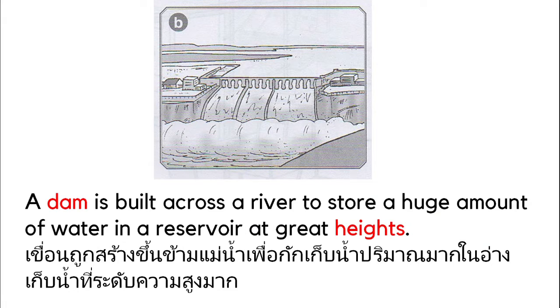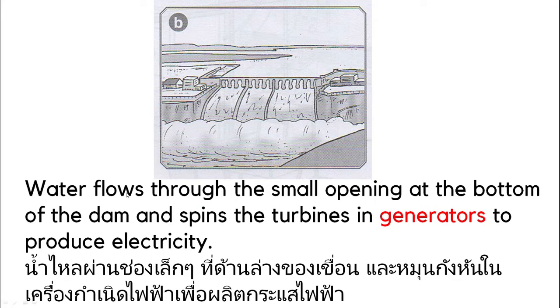A dam is built across a river to store a huge amount of water in a reservoir at great heights. Water flows through the small opening at the bottom of the dam and spins the turbines in generators to produce electricity.